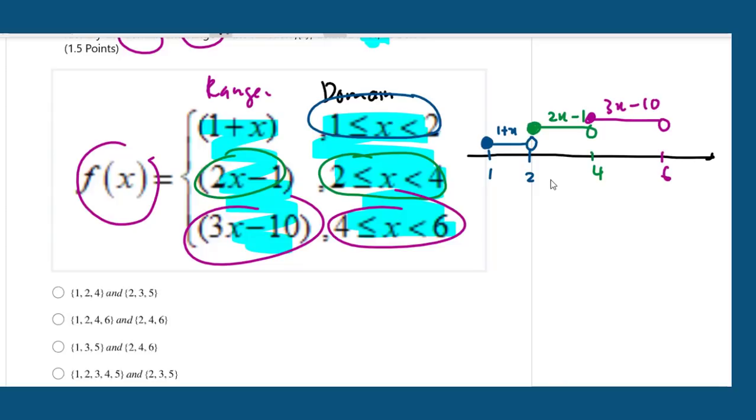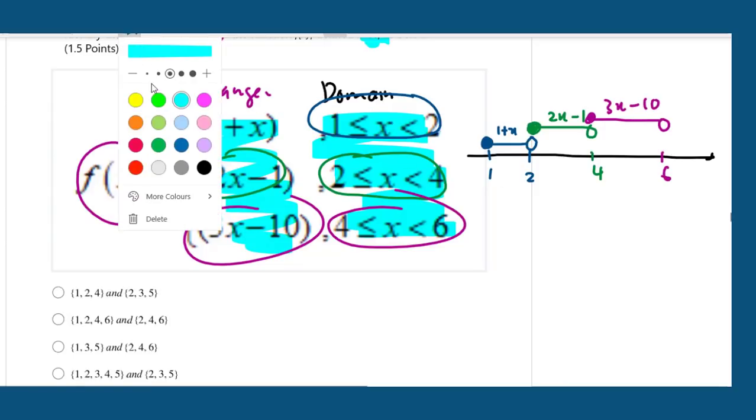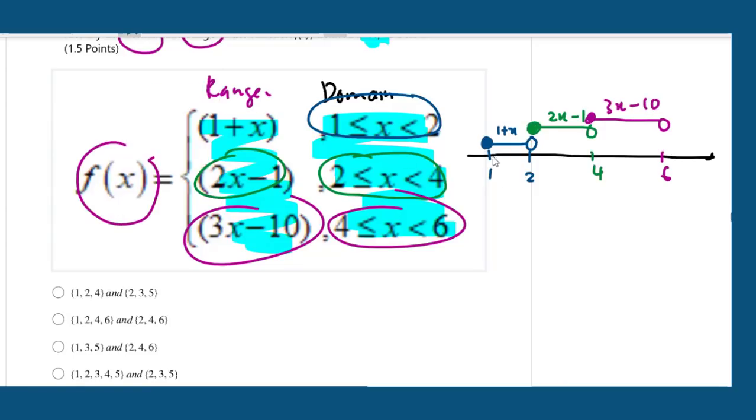Now we are going to find the domain. This one refers to the domain. So 1, 2, 4. Confirm 1 to 4 is the domain. But I'm not sure that there is a number between 2 and 4. 3 lies on the line, with the circle included, so consider it also in the domain.